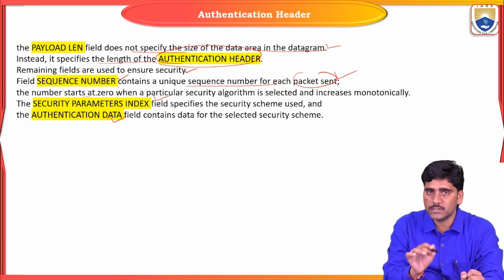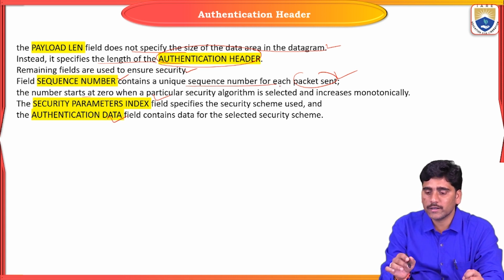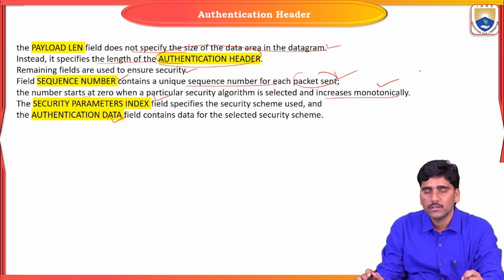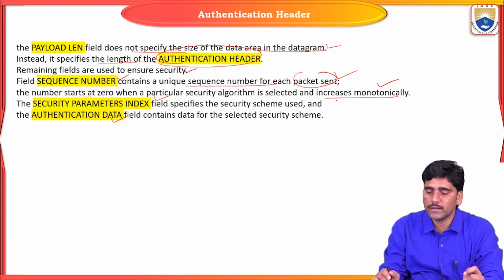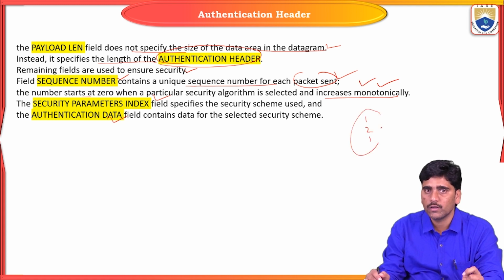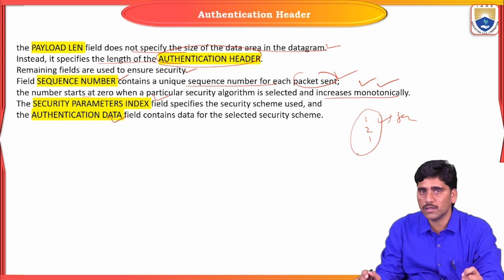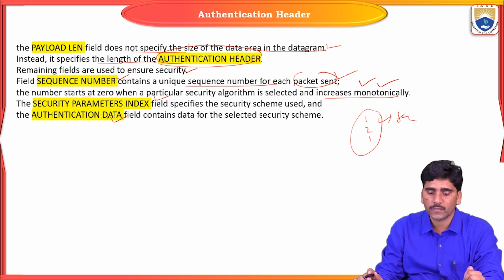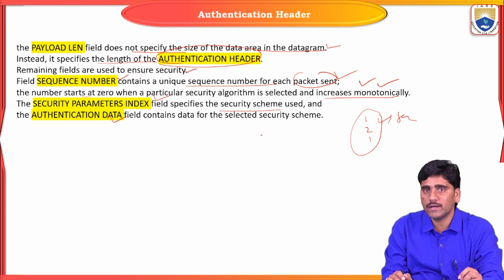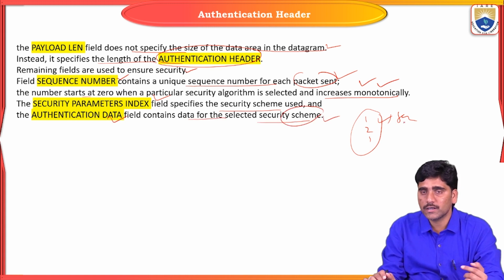The number starts at 0 when a particular security algorithm is selected and increases monotonically, 1, 2, 3, 4. The security parameters index field specifies the security scheme used, and the authentication data field contains the data for the selected security scheme.